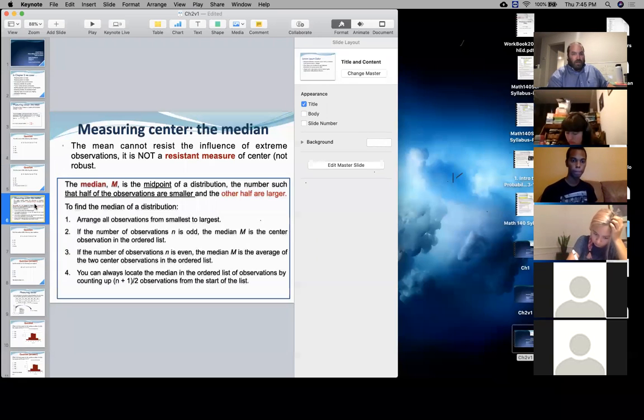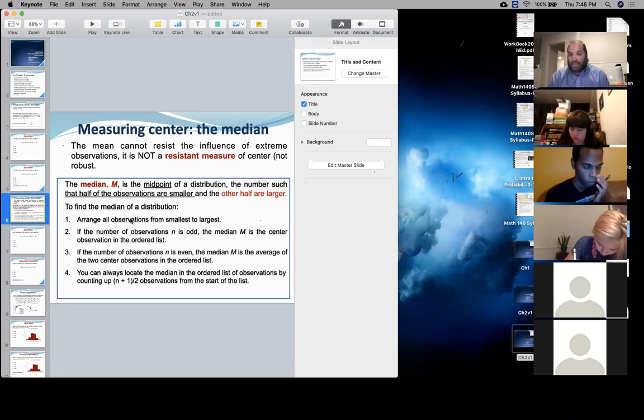Okay. So to find the median of a distribution, number 1, arrange all observations from smallest to largest. If the number of observations is odd, the median M is the center observation in the ordered list. And if the number of observations is even, then we average the 2 middle ones.